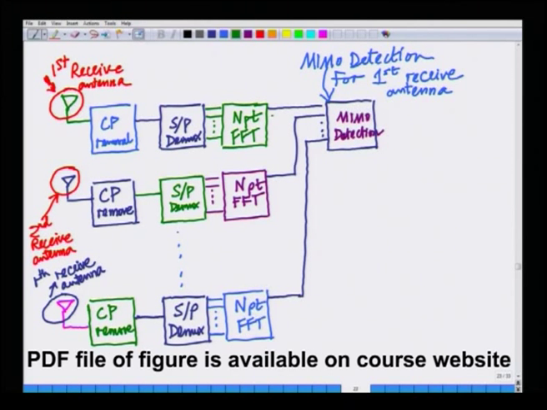Again, for the second subcarrier I take the output from the second subcarrier at every receive antenna, and I perform a MIMO detection. This is another MIMO detection block.